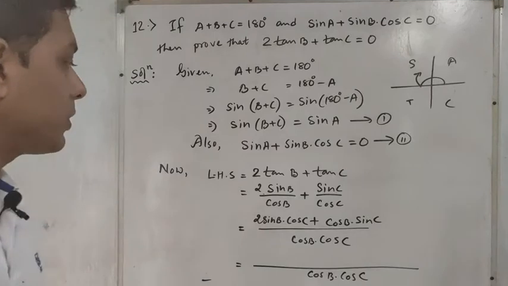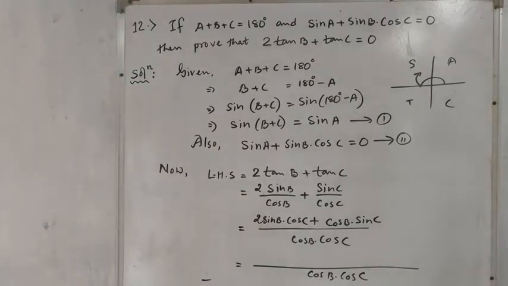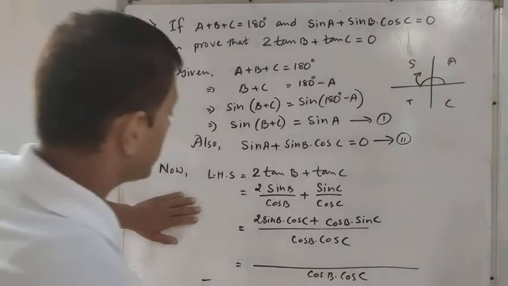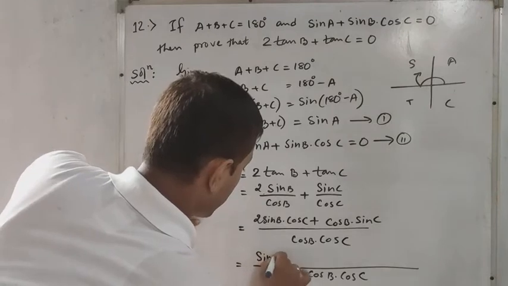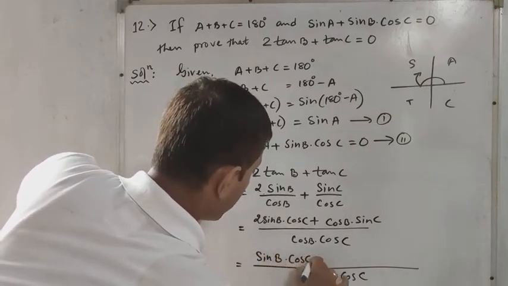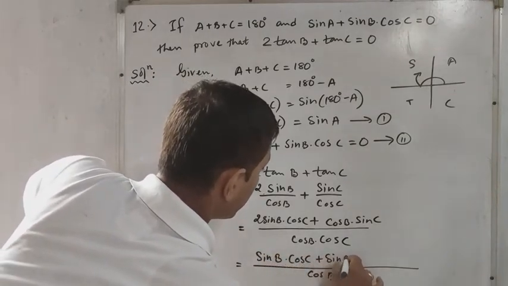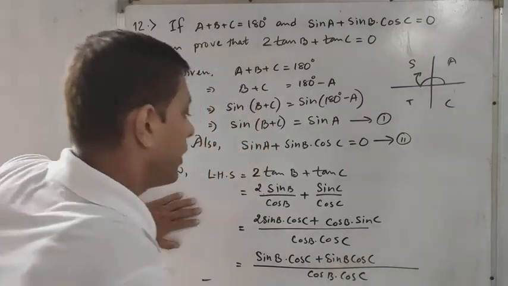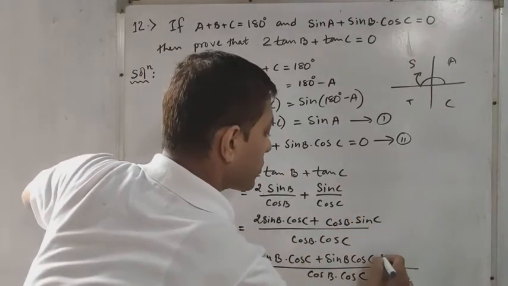But the numerator part, this is 2 times sine b into cos c. If we split it, we can write it as sine b cos c plus sine b cos c, plus cos b sin c, which is already there.